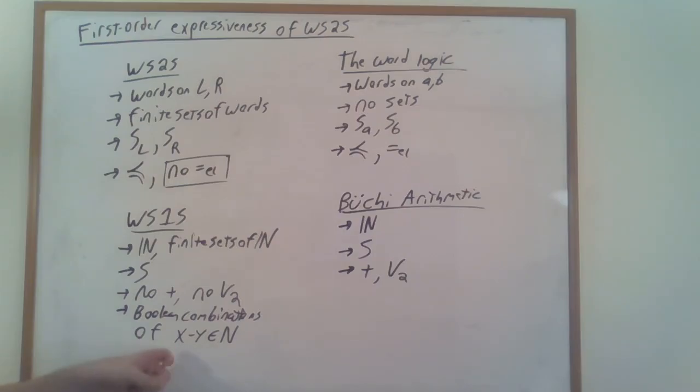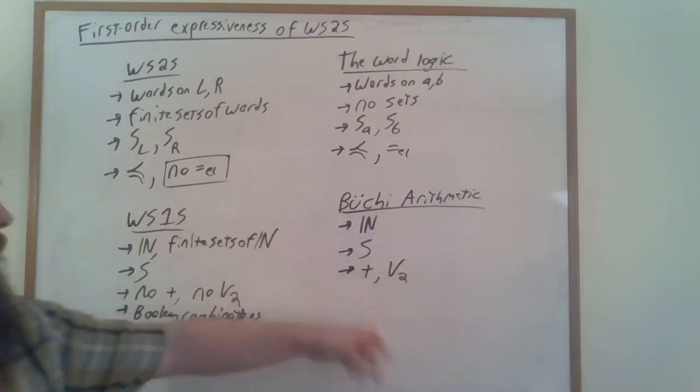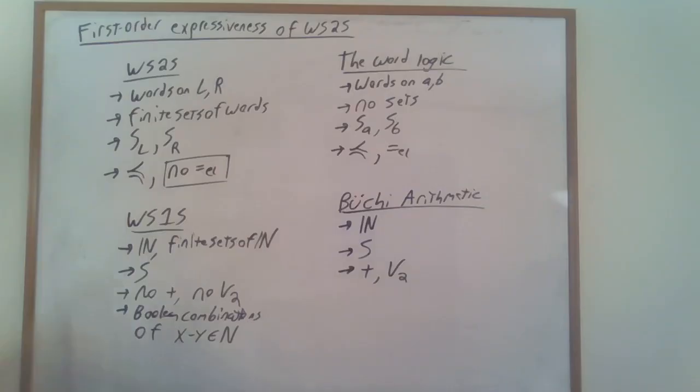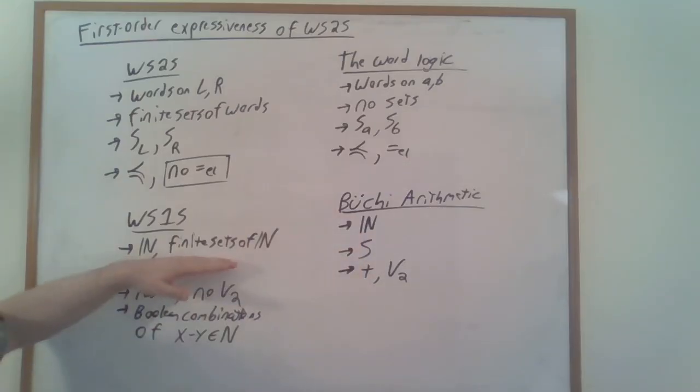Or maybe a specific number fell into some eventually periodic set of natural numbers. And notably, this is stuff that Büchi Arithmetic can talk about just using addition. And so in some sense, the only thing that weak S1S can talk about that Büchi Arithmetic can't talk about is finite sets of natural numbers.